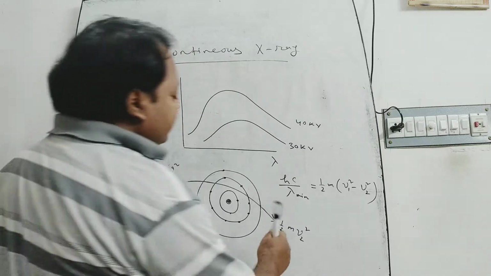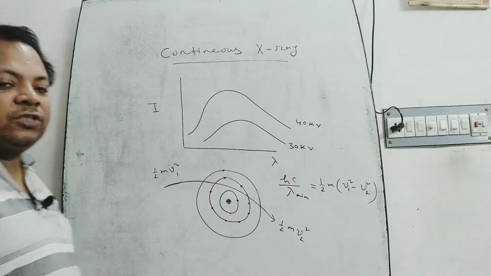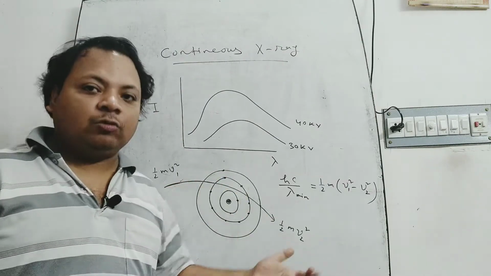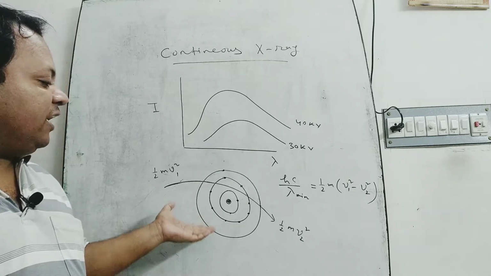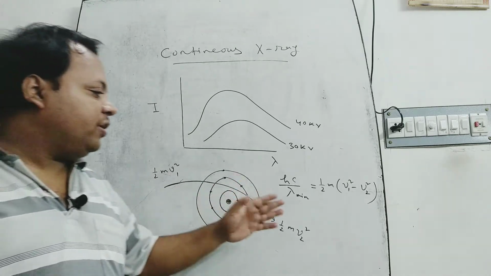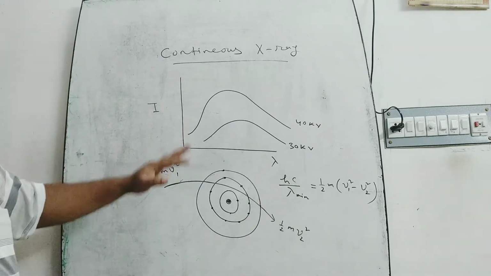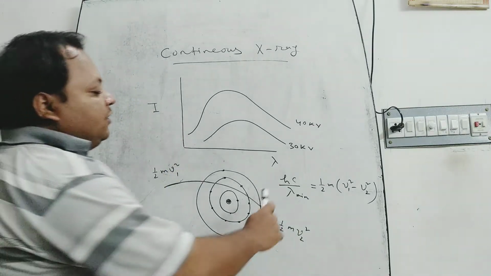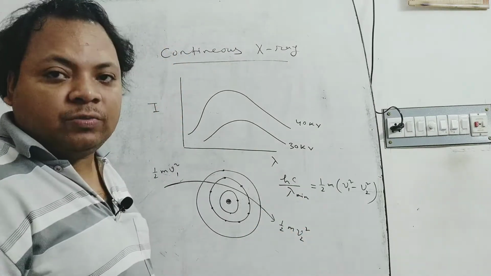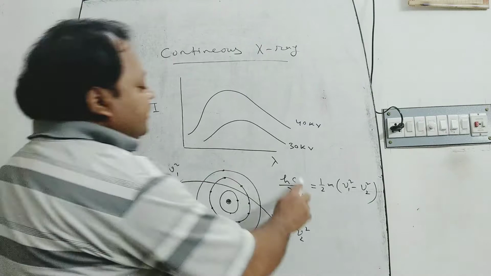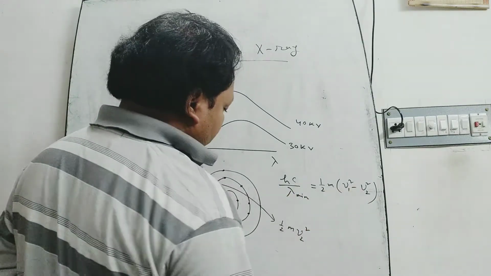Therefore, this change in kinetic energy of the electron, which is produced from the cathode, is converted into the X-ray, and the energy of X-ray is hc by lambda, where lambda is the wavelength of the X-ray. Therefore, hc by lambda is equal to half m into v1 square minus v2 square.